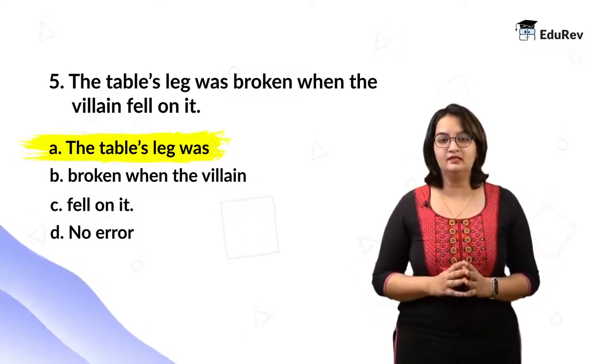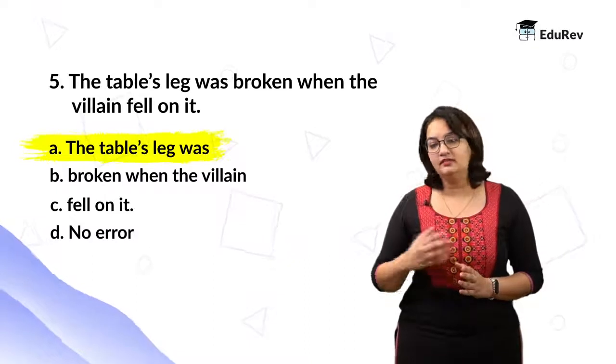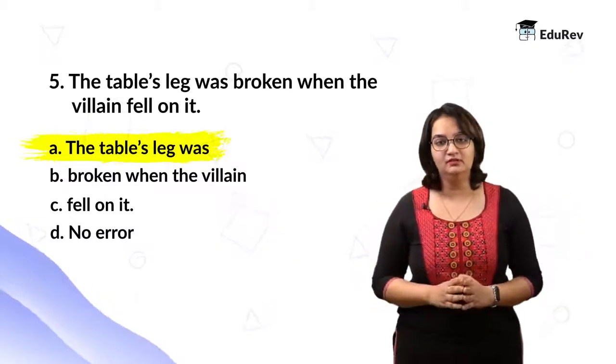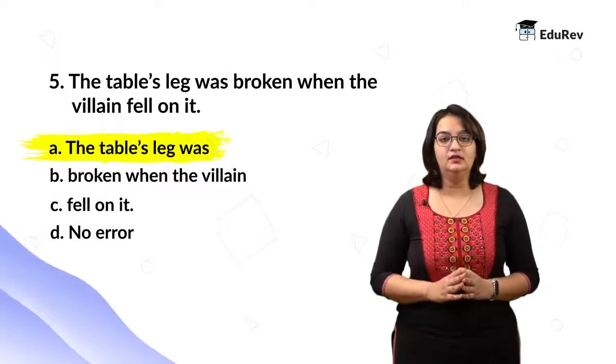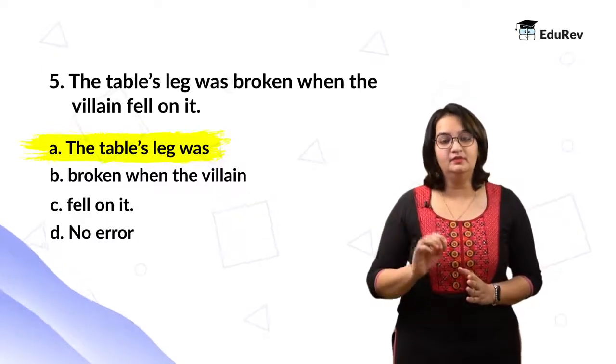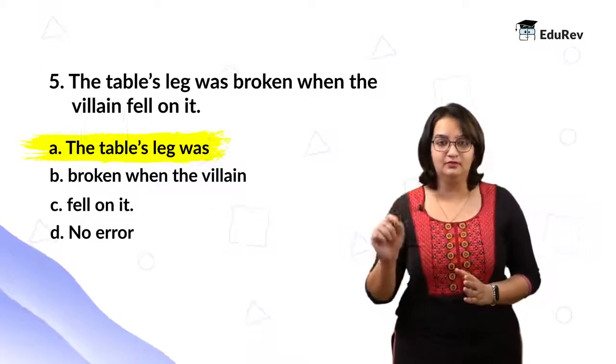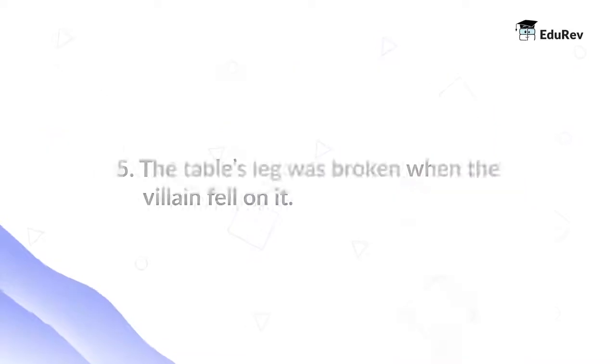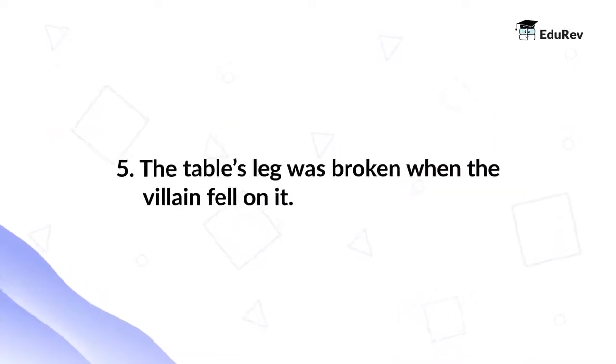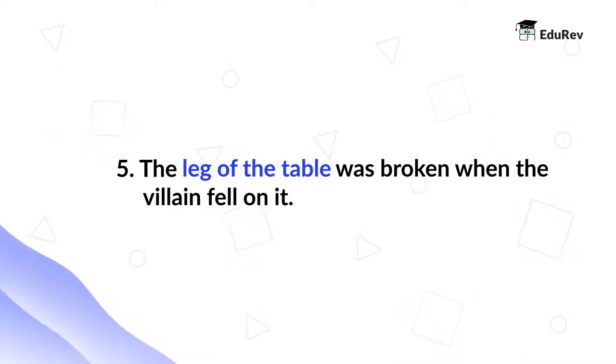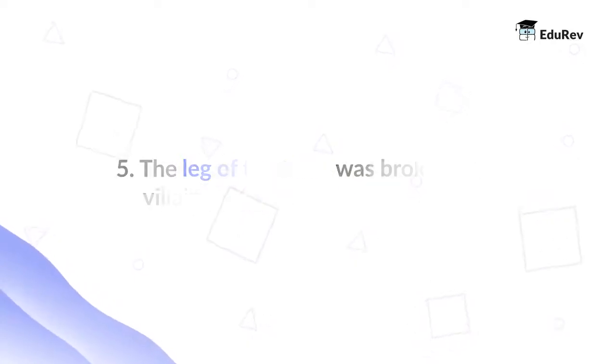Inanimate objects, for example the table, cannot exert any kind of possession on anything, and therefore to resolve this particular problem we will make use of of. How? So the correct statement is, the leg of the table was broken when the villain fell on it.